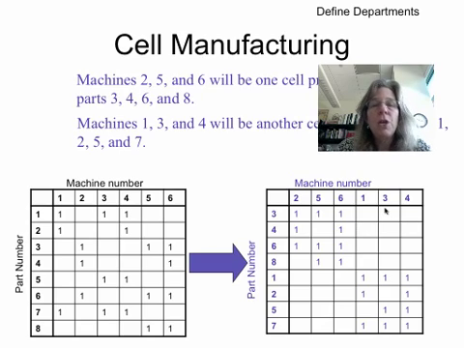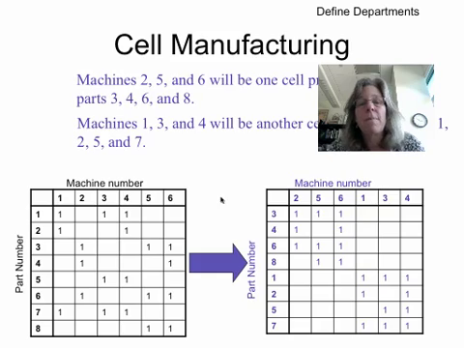From this grouping, you can see that machines 2, 5, and 6 are going to process parts 3, 4, 6, and 8. All of these are processed in one cell. And machines 1, 3, and 4 are processing parts 1, 2, 5, and 7. That's how you get to the direct clustering algorithm.